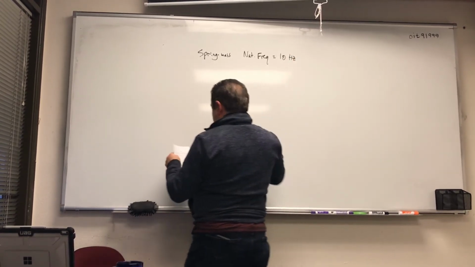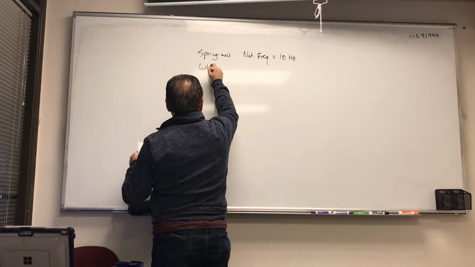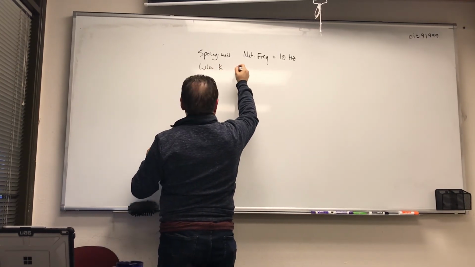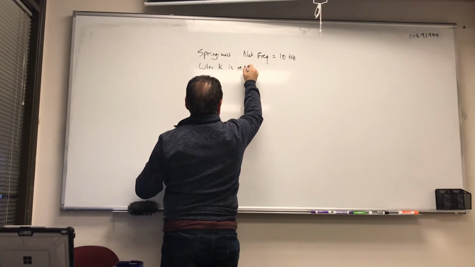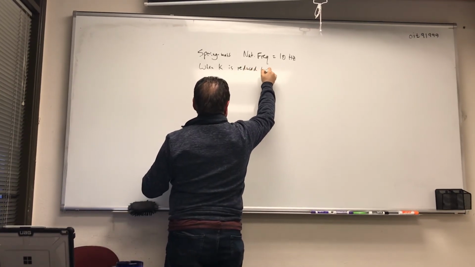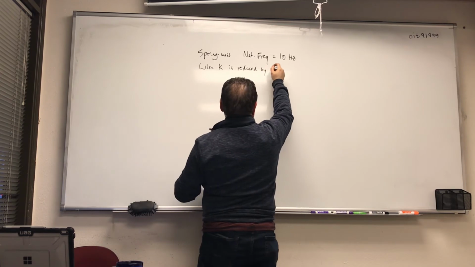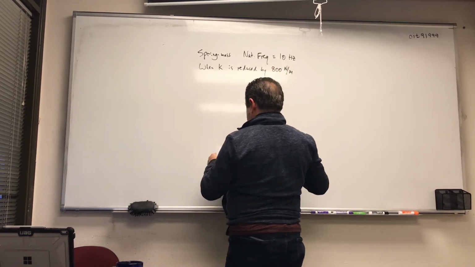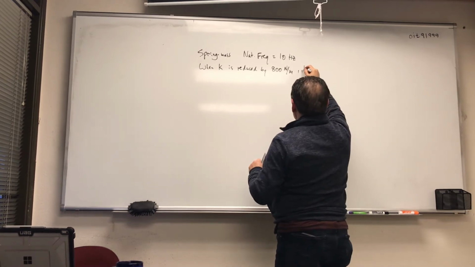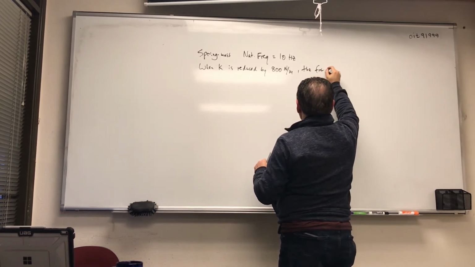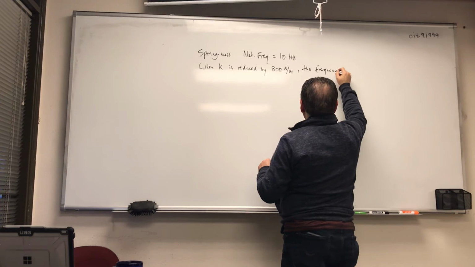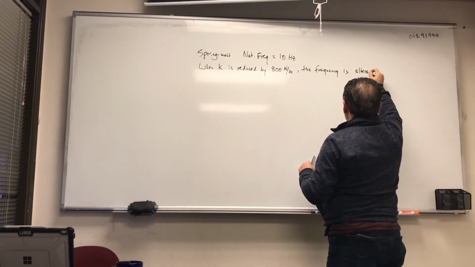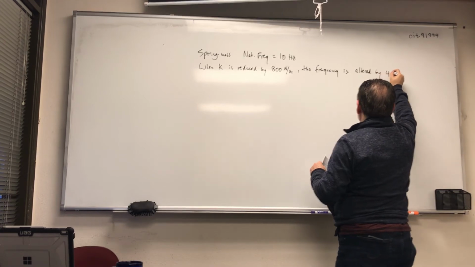It says when K, the spring constant, is reduced by 800 newtons per meter, the frequency is altered by 45%.